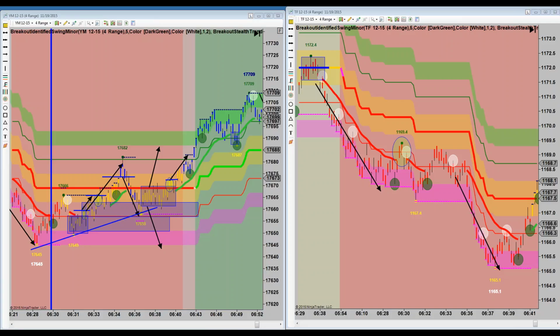So let's do a hypothetical on one of these boxes. Let me see the best way to answer this question. On the surface, it seems like a pretty simple question, but let me answer it in this way, and let me do it on the Russell chart because we've already looked at this YM to death here.